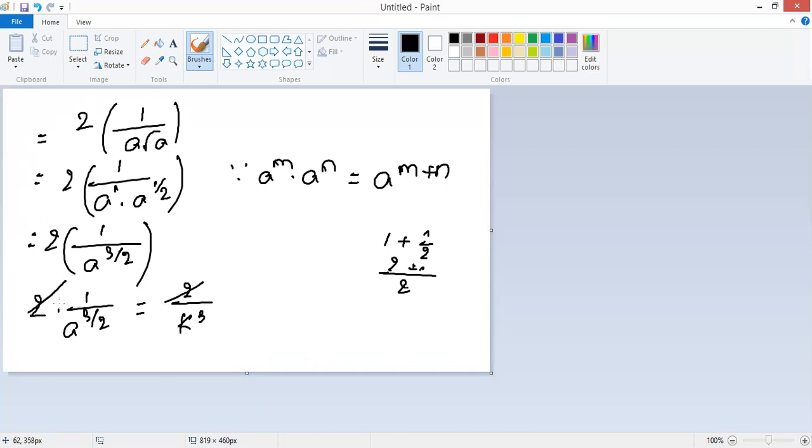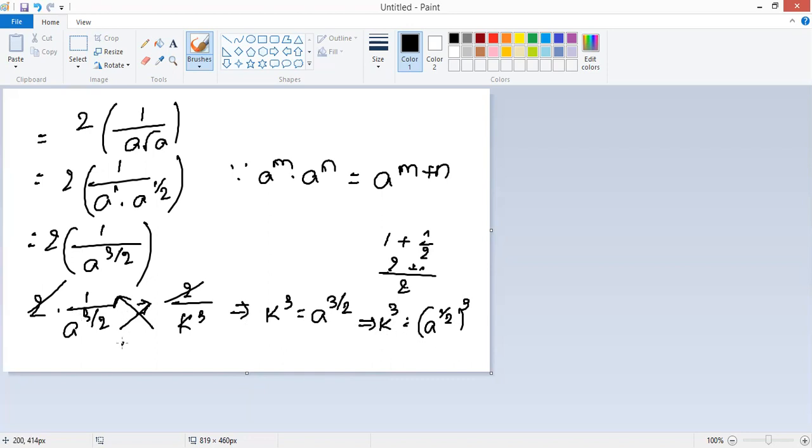2 and 2 cancel. If we cross multiply these terms, then we will get k cube is equal to a power 3 by 2. We can write this as k cube is equal to a power 1 by 2 whole cube. See, we told that if a power m is equal to b power m, then we can write a equals b.